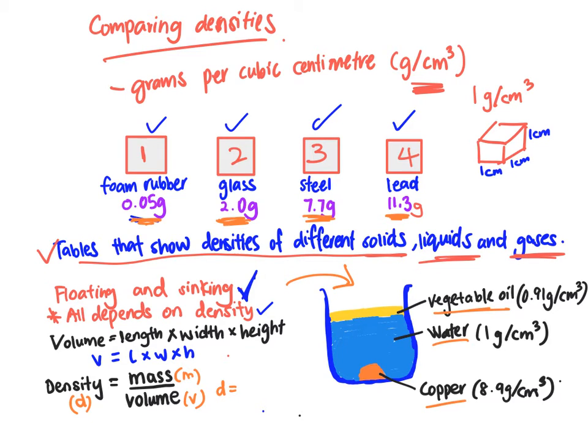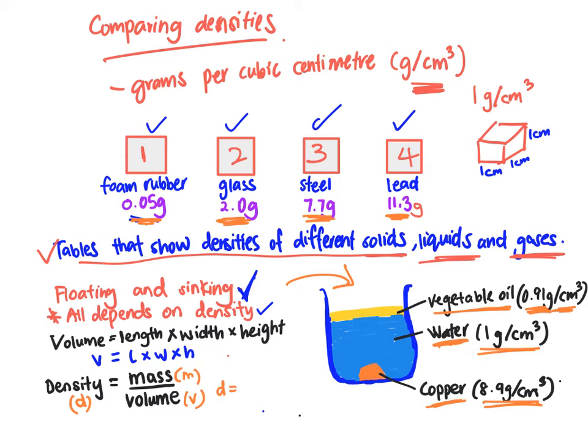Vegetable oil has a density of 0.91 gram per cubic centimeter, followed by water and copper. The water has 1 gram per cubic centimeter, and copper has 8.9 gram per cubic centimeter. So that tells me that vegetable oil is the least dense, compared to copper, which is the most dense.